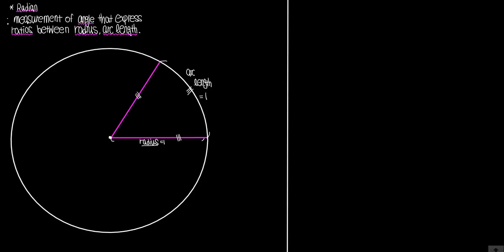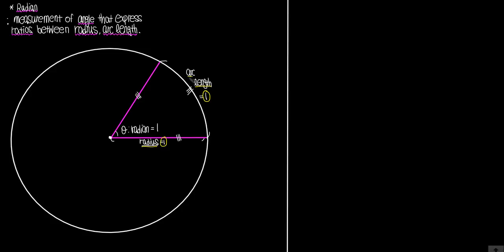When the arc length, which is part of the circumference of our sector, is 1, and the radius of our sector is also 1, then the angle formed between the two radii and the arc length, if we define it as theta, which is the basic notation for the radian measure, we define it as the value 1.